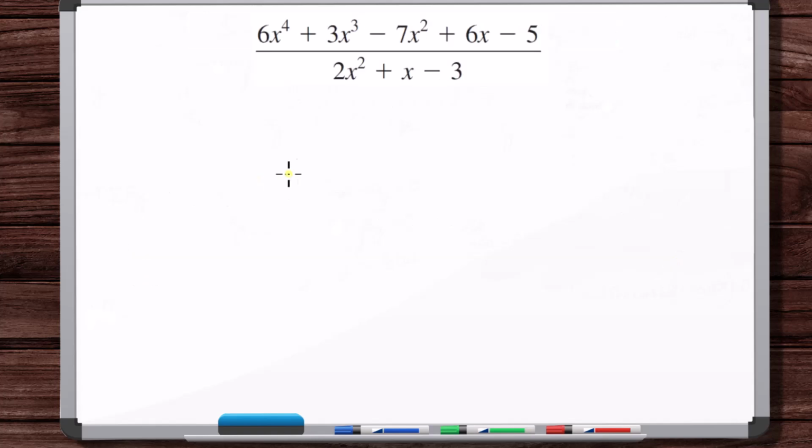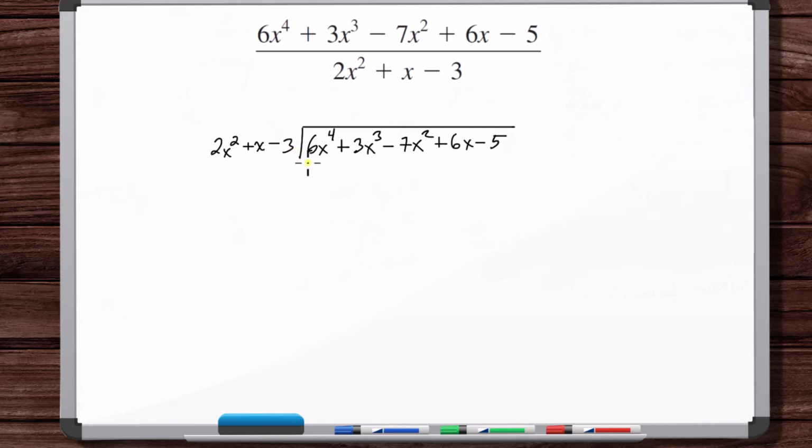Okay. Same process. Let's write out the dividend in descending order. Okay, no, we don't need any placeholders there. And then with the divisor, we won't need any placeholders as well.